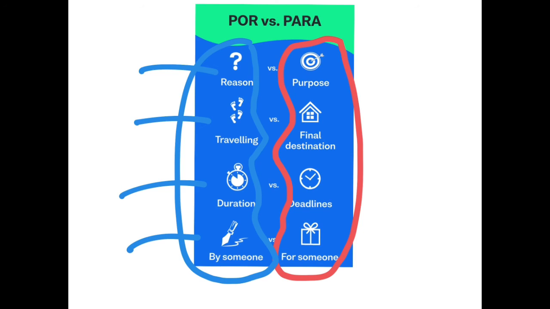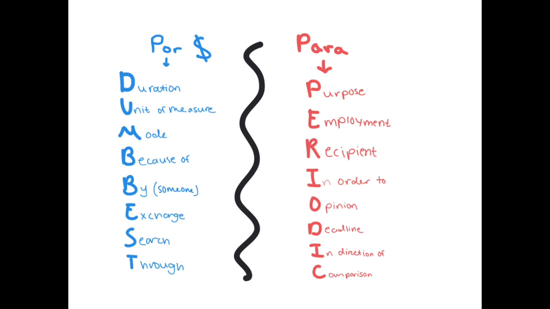And para is mainly used for purposing, final destination, deadlines, and if you're giving someone something. Okay, so here's por versus para, and I have the acronym written down for each. So if you want, you can take a screenshot of this for later memorization or later help if you need it.